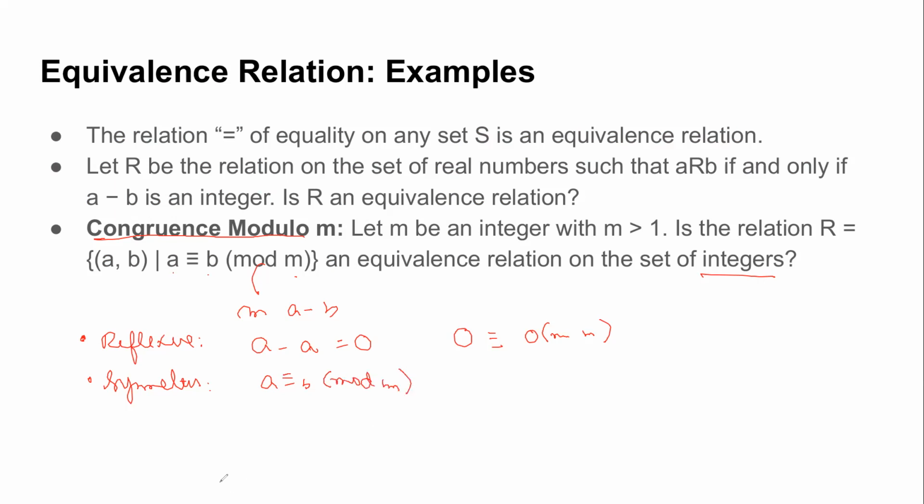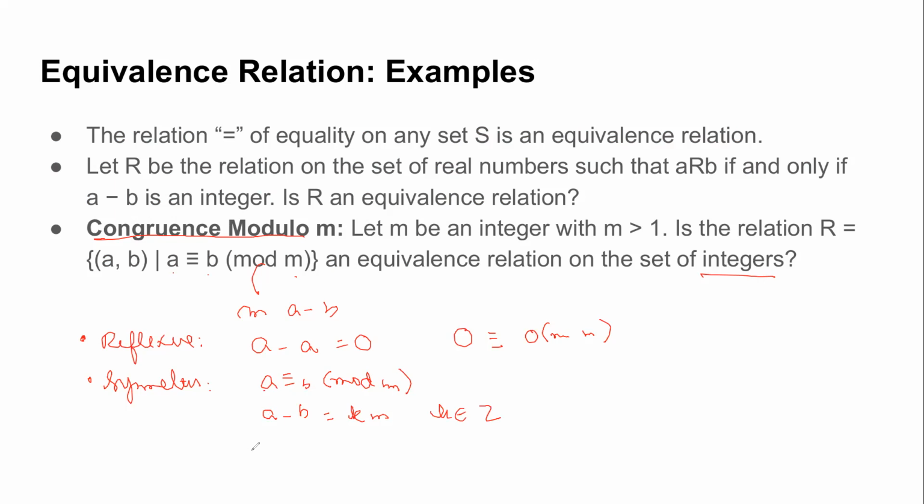What I need to show is that b is congruent to a modulo m is also true, which we will show is trivially true. If a is congruent to b modulo m, that means a minus b is perfectly divisible by m. So we can write it as follows: a minus b is equal to k times m, where k is some integer, because it's perfectly dividing it.